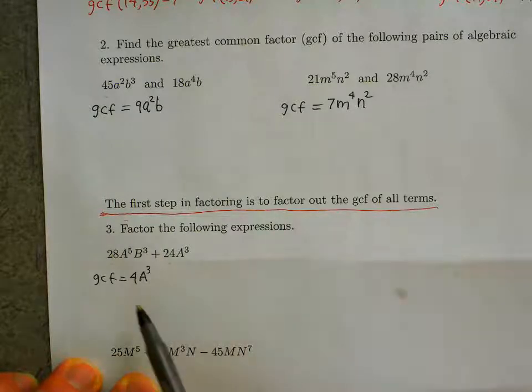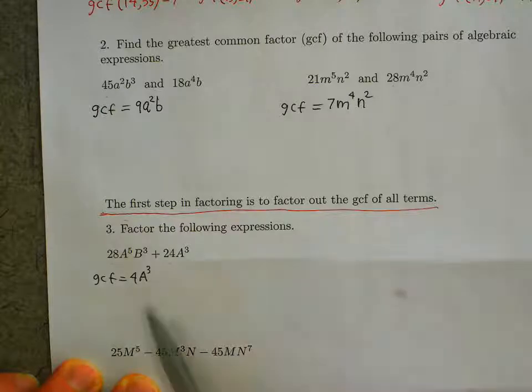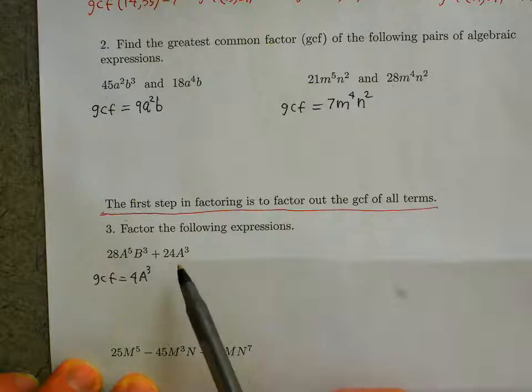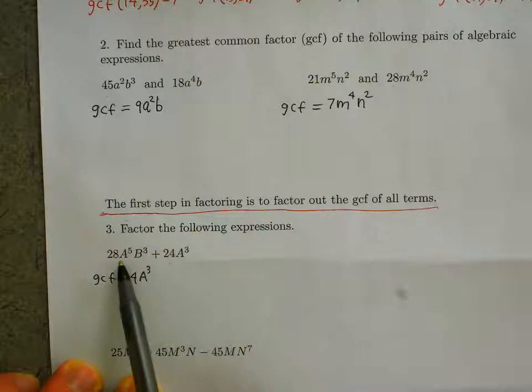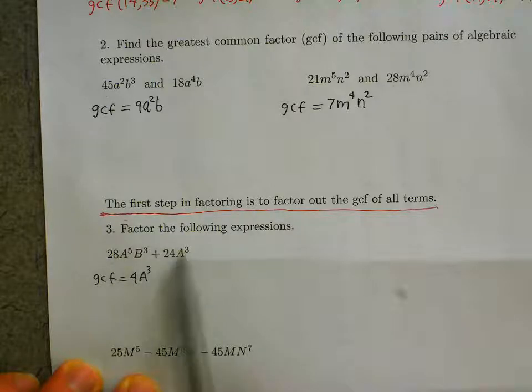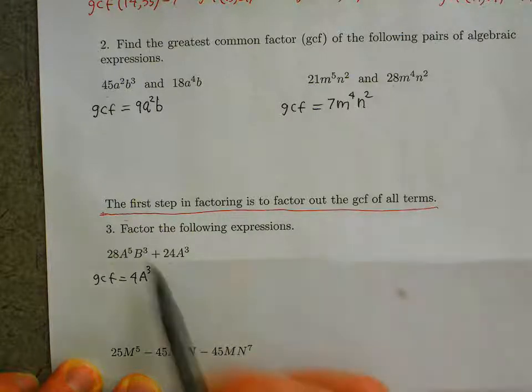Okay, so when we factor out the greatest common factor of all of the terms, we write the greatest common factor and then put that up against a set of parentheses. What we put inside the parentheses is determined by dividing each of those terms by the greatest common factor. So we'll do that down here.